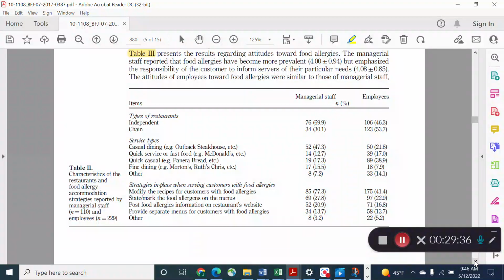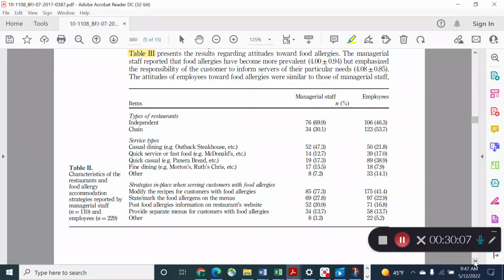And then what were some of the strategies that were used when serving customers with food allergies? And you can kind of make a comparison here. In this section they do give the list of strategies they could use, and they kind of put them in order, and it just happens that the strategies used by managers and the strategies used by employees are about the same.